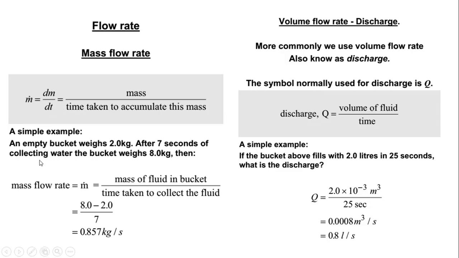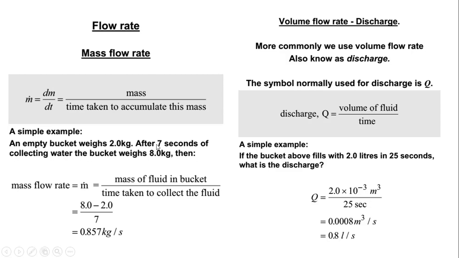Okay, so for example, if you want to find the mass flow rate, given that the weight of the empty bucket is 2 kg and it's flowing for 7 seconds, and we've collected some water, making 8 kg, what would be the mass flow rate? Here 8 kg is the mass of the water in the bucket, and the empty bucket is 2 kg.